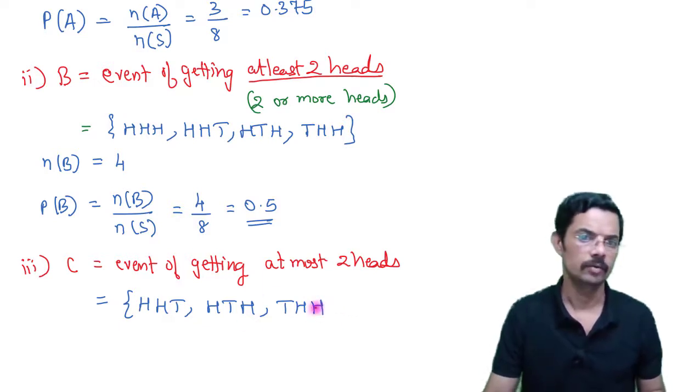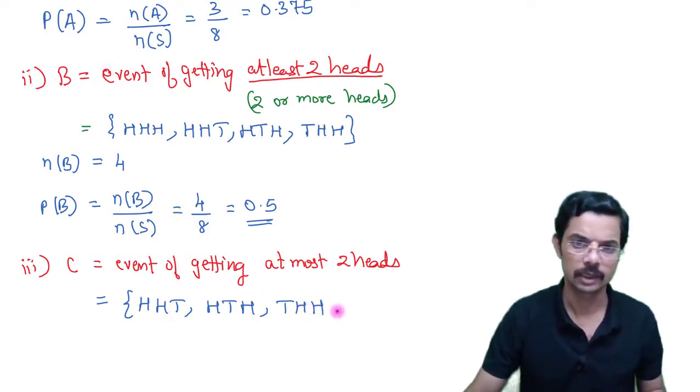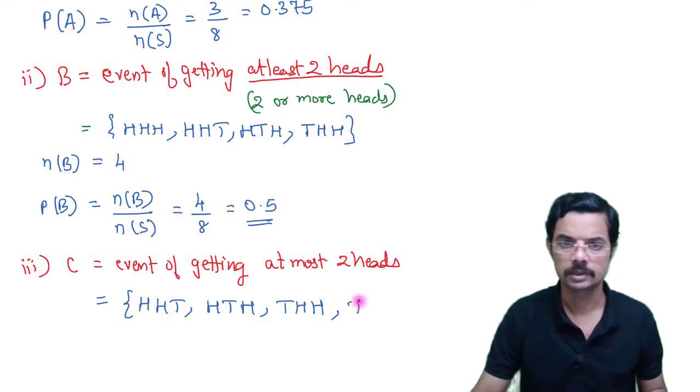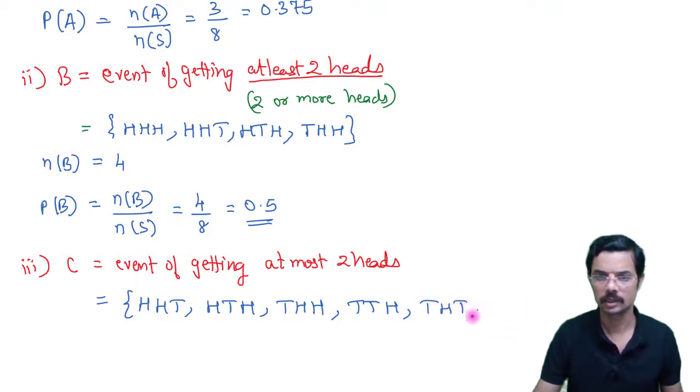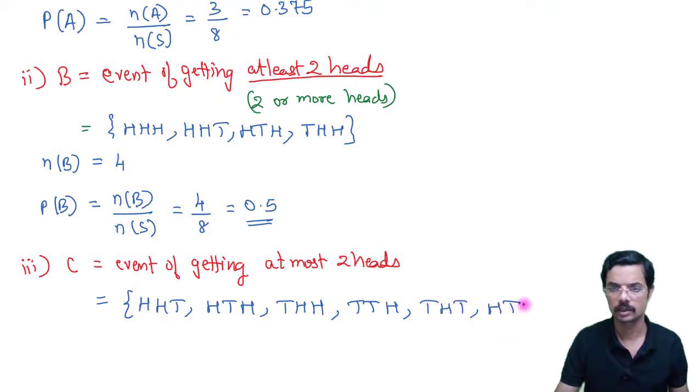Then 1 head cases will be tail, tail, head; tail, head, tail; and head, tail, tail. Or no heads cases will also come here, that is all tails, tail, tail, tail.